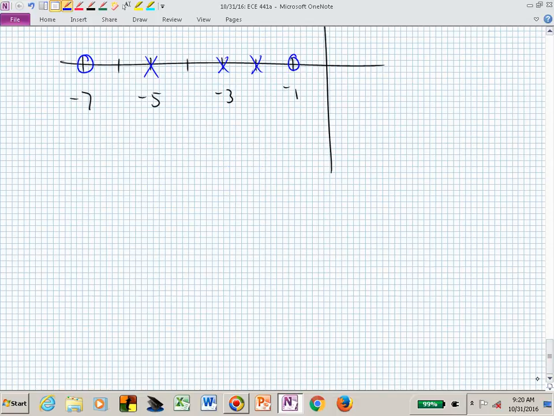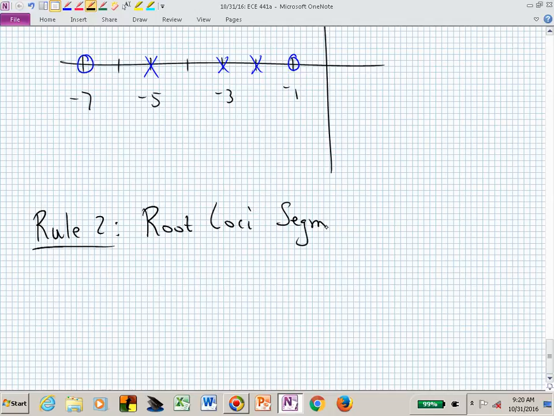Let's look at rule number 2, and this is the French bread rule. Have to try to make this interesting or fun. So rule 2 is concerned with the root loci segments, or maybe I should say, I could phrase this many different ways.